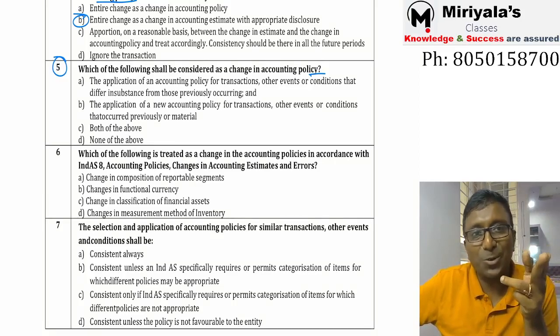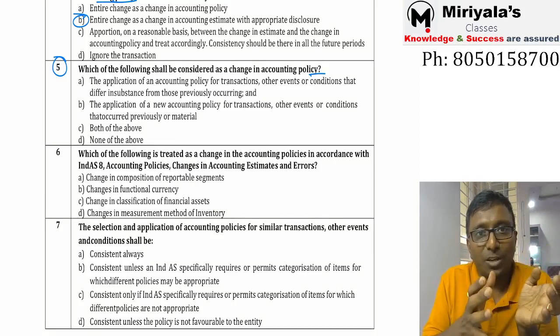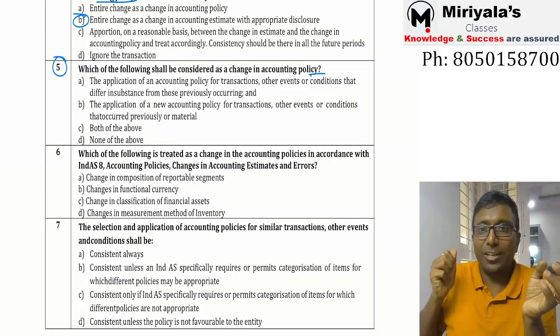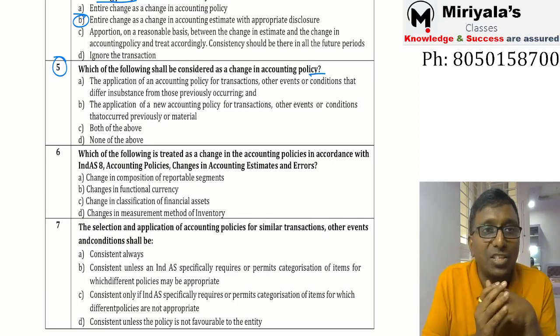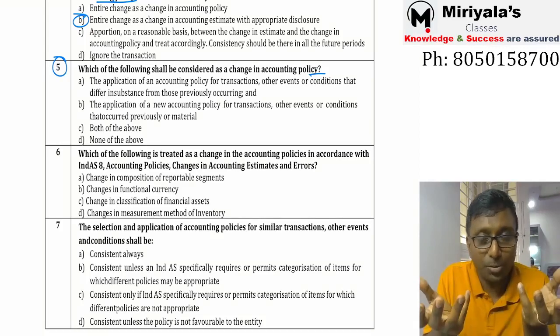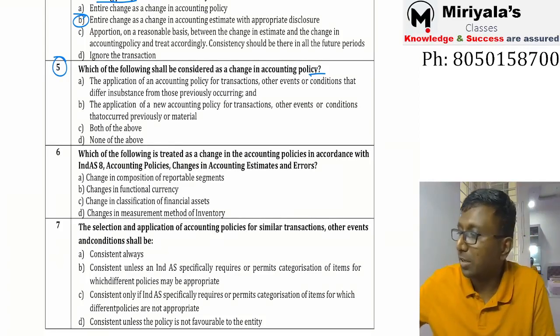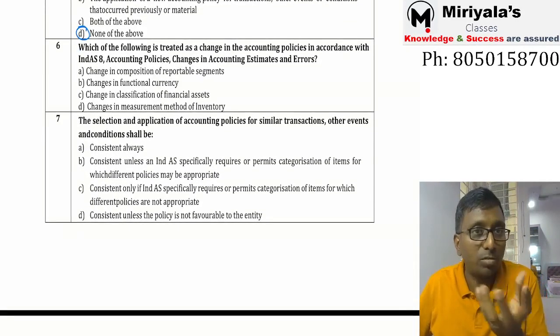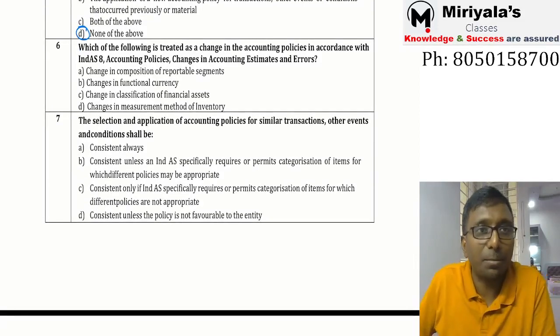I told you just now, if the application of accounting policy is for substantially different events, you are not supposed to consider it as a change in policy. Application or adoption of a new policy, no. Yes, you are right, my dear. That is D. None of these things are a change in accounting policy, which we spoke of just a few minutes before as part of the summary.